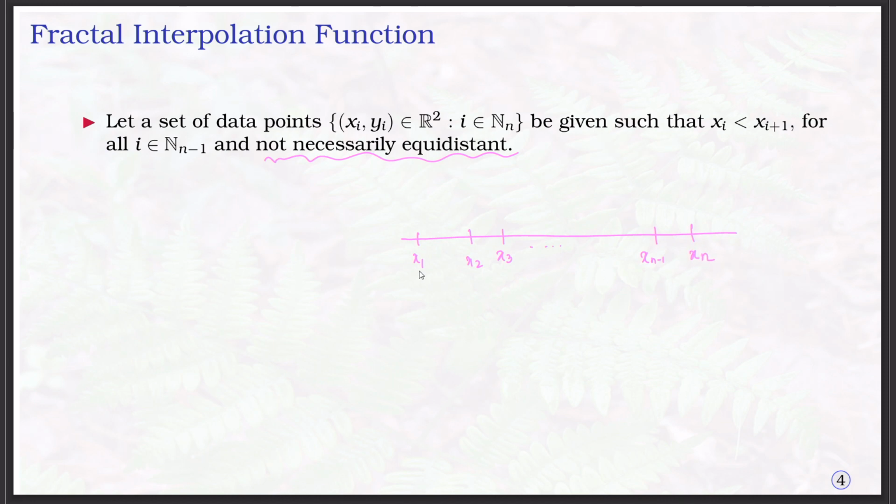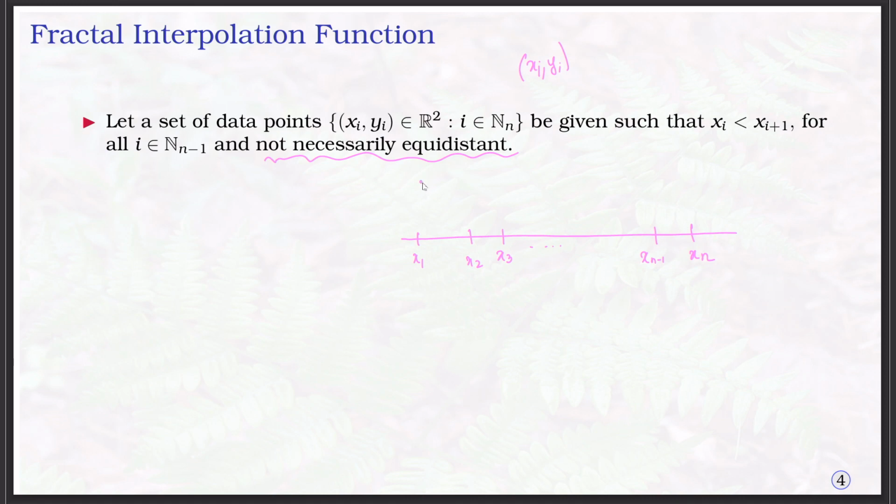So, for x1, x2, x3, the relation is x1 is strictly less than x2 and x2 is strictly less than x3 and so on. The data points are not necessarily equidistant. Then for each xi, we have the corresponding yi values. That means this data set xi and yi is given to us.